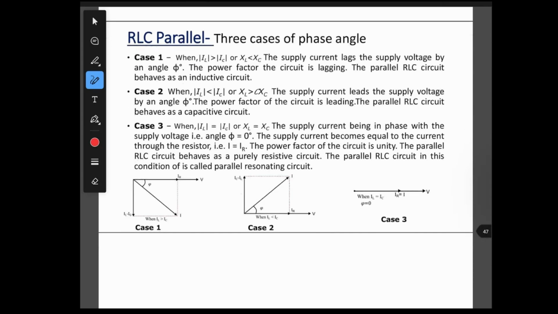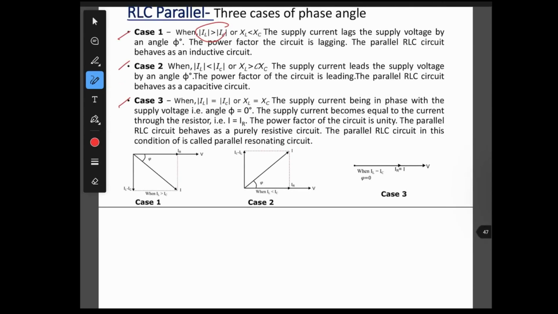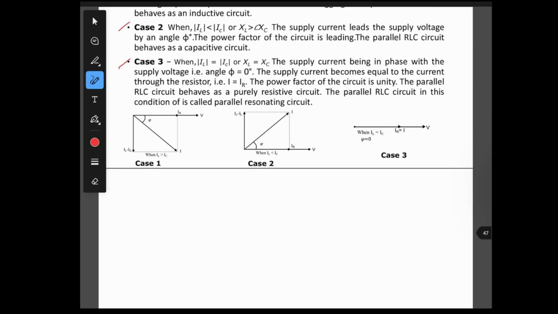Okay, in this case of the phase angle, we have case 1, case 2, and case 3. For case 1, IL is greater than IC. We know that IL is at the bottom, IC is here.